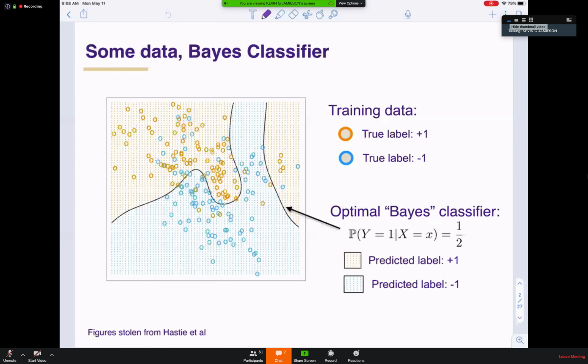On the left, we plot data with positive labels in orange and negative labels in blue. The Bayes decision boundary is this black line, and the hashed colors are where you predict positive and where you predict negative. This is the best thing you could possibly do.